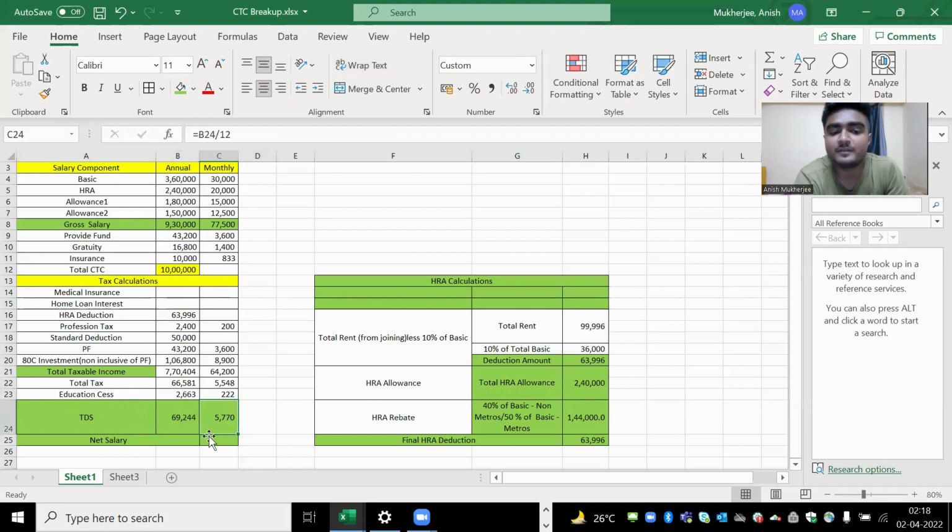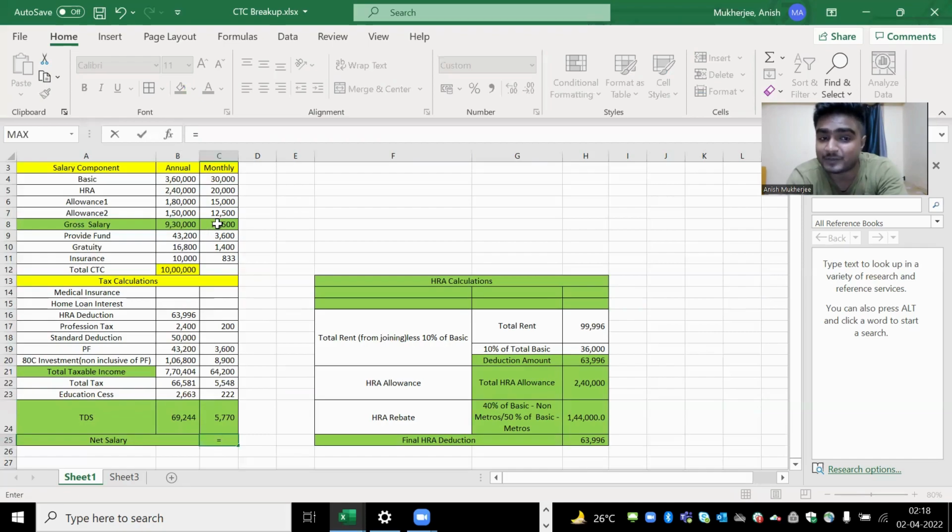So now when we will be calculating the net salary, the net salary will be my gross salary that we have calculated earlier, minus the profession tax that we are paying, that is 200 rupees per month, and the PF that is being deducted from your gross salary, because your gross salary is not inclusive of the provident fund amount, and the TDS.